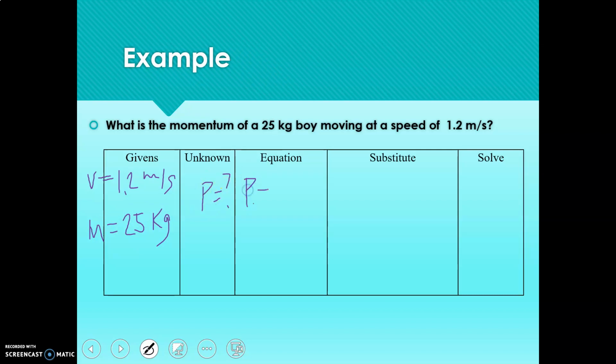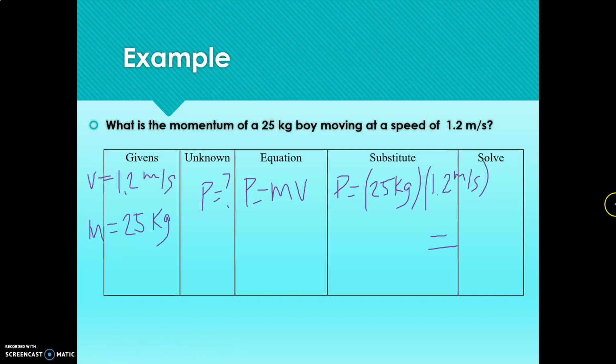We know that our equation is P equals M times V. So now we need to substitute. Our mass was 25 kilograms times our velocity of 1.2 meters per second. And that is going to give us 30 kilogram meters per second.